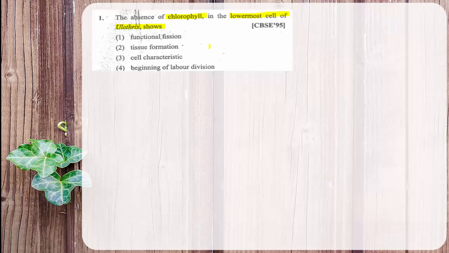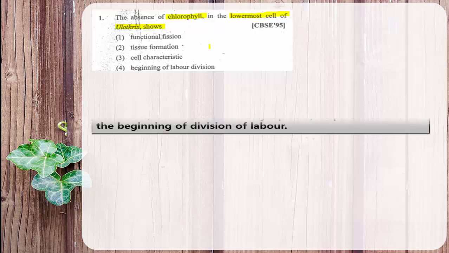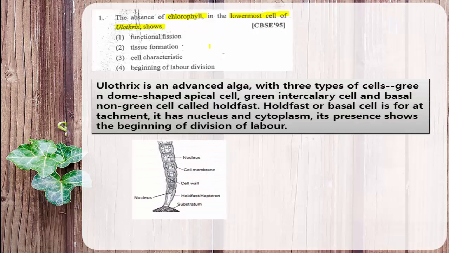What does it indicate? Other parts of the Ulothrix filament have chlorophyll because they have to do photosynthesis. But the lowermost cell is attached to the substratum and forms the holdfast.